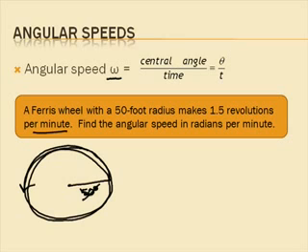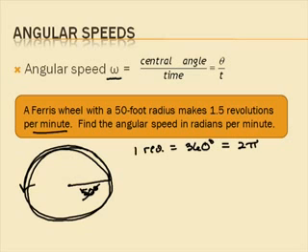So we want to find the angular speed in radians per minute. So we want to convert the revolutions to radians. All right, so how do we do that? Well, we know that 1 revolution is equal to 360 degrees, right? And we know 360 degrees is how many radians?